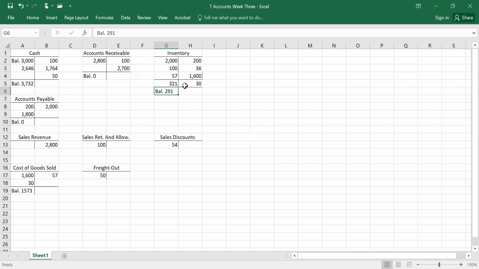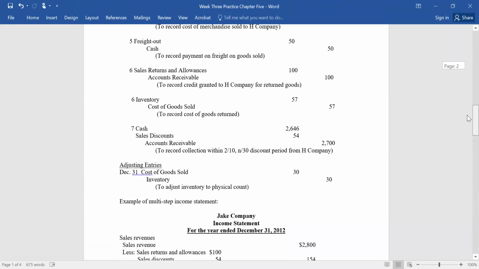So we're going to have to credit inventory for that $30 and debit cost of goods sold for the $30. Let me show you what that looks like in the journal entry. So what we're doing right here is our adjusting entry, debiting cost of goods sold for that $30, crediting inventory for that $30. That adjustment is in order to reflect the correct amount of inventory.